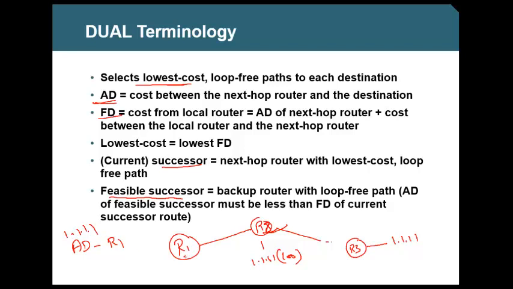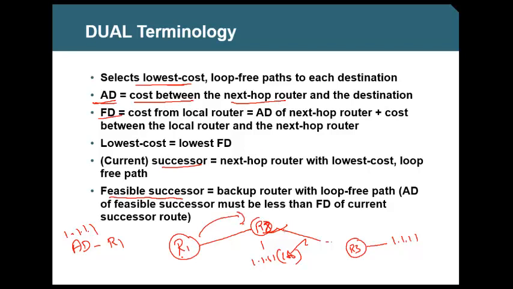For R1, the advertised distance for 1.1.1.1 is the metric of the neighbor to reach 1.1.1.1. That is what they have written in different language. What is that? It's the cost between the next hop router, which is the neighbor.